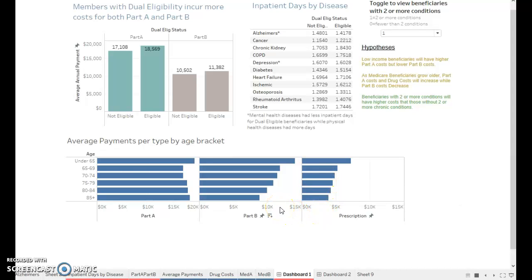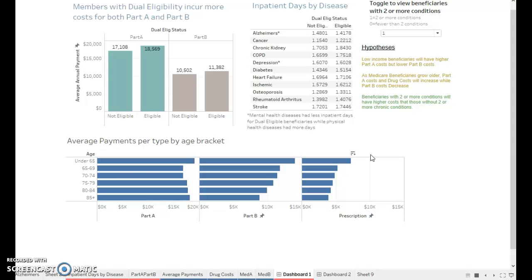So this also raises a lot of questions. Are older people simply giving up on taking medications? Perhaps they don't have the means to get the medications. So a lot of unanswered questions created by this visualization.